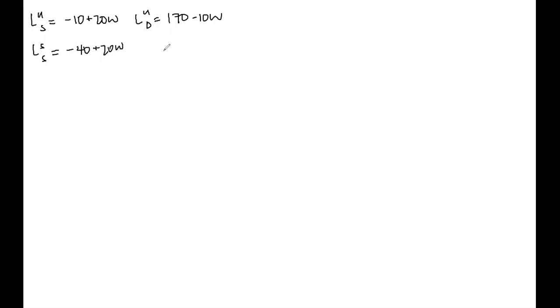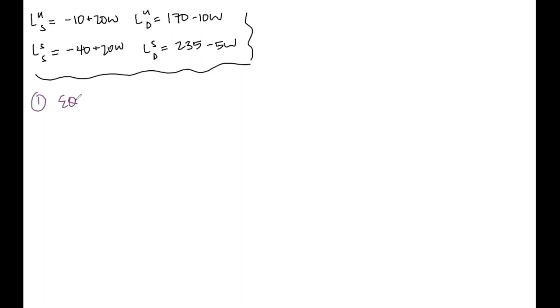And labor demand for skilled workers is 235 minus 5W. So number 1 was equilibrium for the unskilled workers.